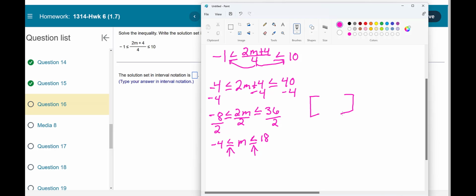And then we have our points. We're going to put our negative to the left. We have -4, comma, and then we have our positive 18. Now, I'm not going to switch these signs because there's no negative number that was in front of the m. So we're going to leave the signs the same, but it should be -4, 18.